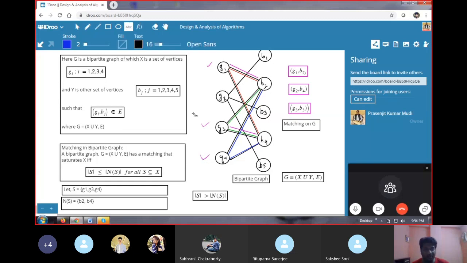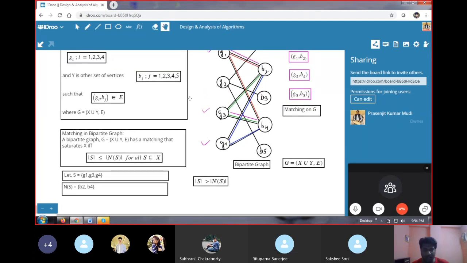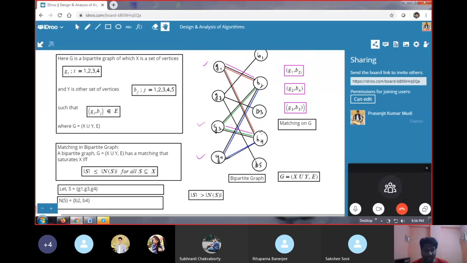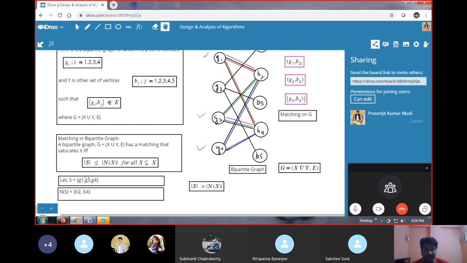So naturally, what we will find is that, and what do you mean by S? S is the set of these girls, G1, G3, G4. And N(S) is the corresponding set of boys which are tried to be matched with the girls available in the set capital S. So we are trying to find a match for G1, G3 and G4.